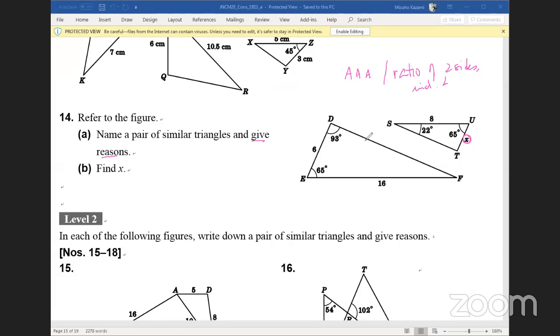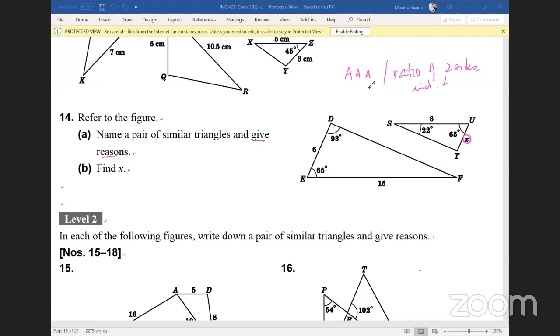Remember that before you give evidence, you cannot say that these two triangles are similar. Therefore, you cannot say that the ratio is 2 because we don't know. At this moment, we don't know whether these two triangles are similar.